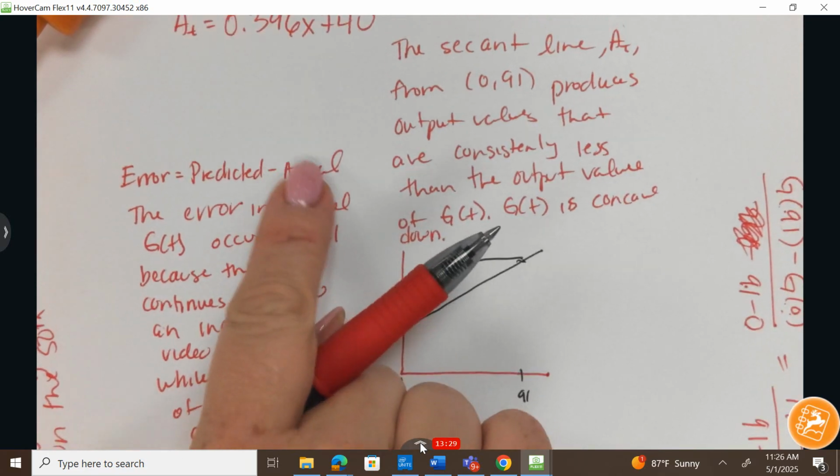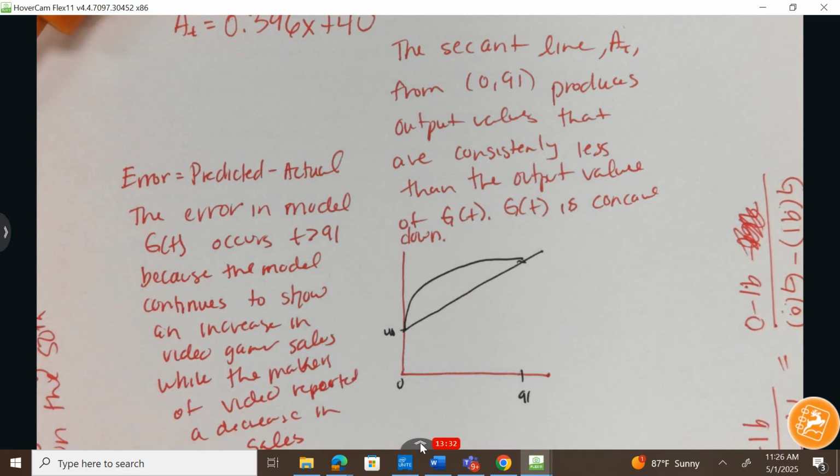So what was actually happening did not match up with what was predicted to happen by the model.